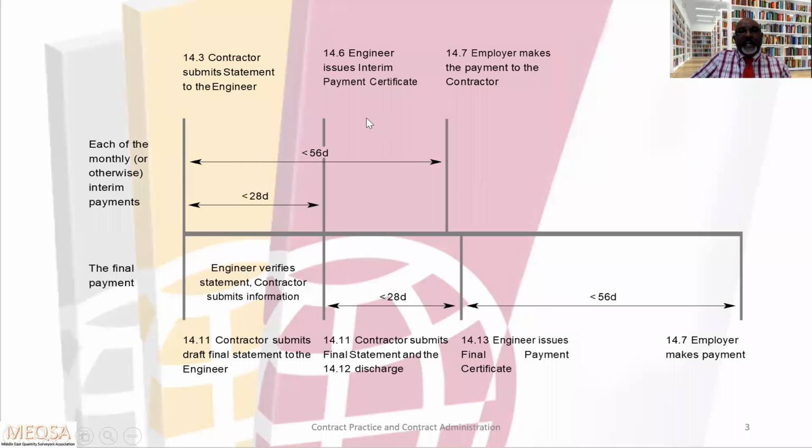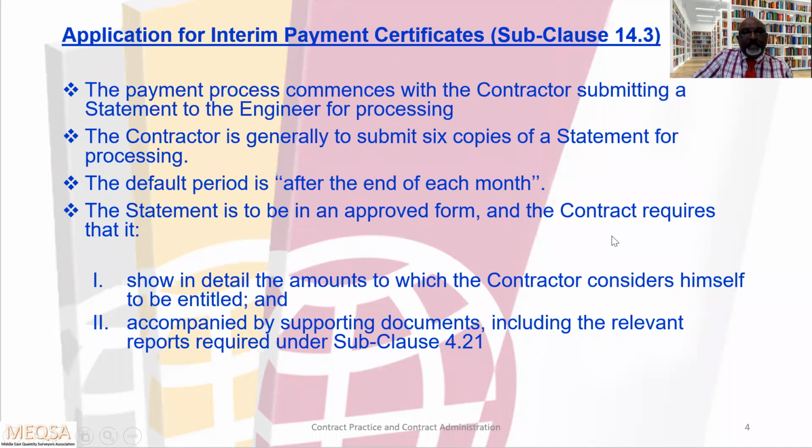Within 28 days, the engineer issues the interim payment certificate. Then after another 28 days, the employer makes a payment to the contractor. So the total duration from contractor submission till the employer payment is 56 days. This is for the interim payment. The final payment they have given below, so we will look into that while we are reviewing that clause.